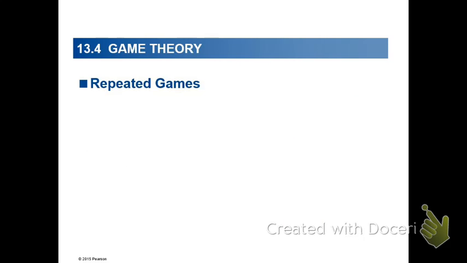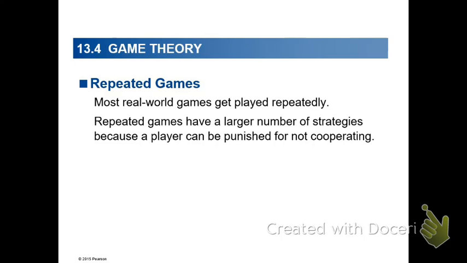So the last game that we're going to look at is the idea that games can be played over a repeated period of time. The idea behind that, and I'm just going to highlight that, you can read that on your own, is that sometimes over time, firms repeat their experience, so it's not a game that is just played once and everything stops; they play on a sequential basis.